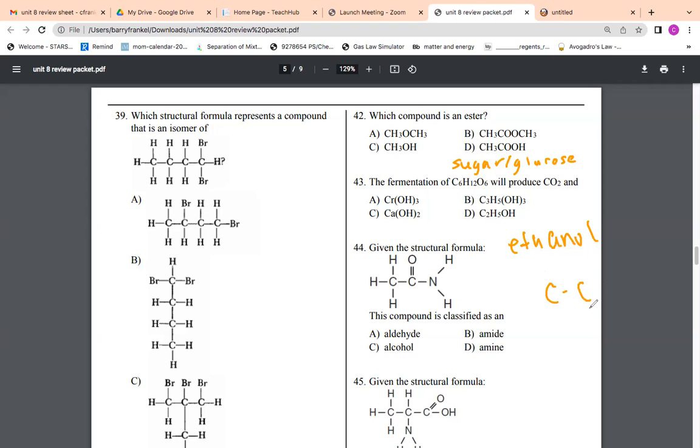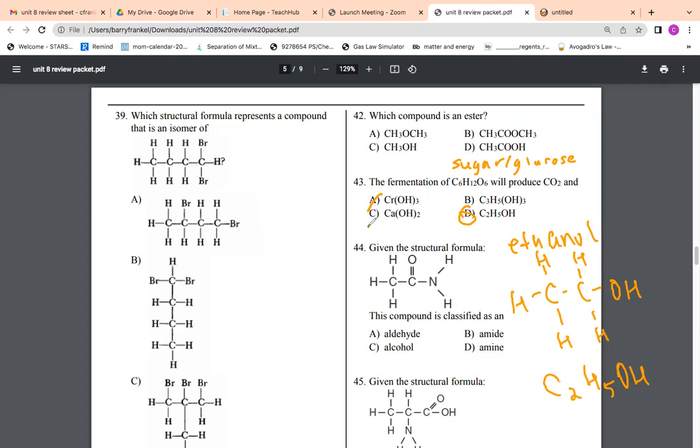It is 2 carbons. There's a hydroxyl group. There's only one possible location. It can only ever be on the first carbon. And then we will go ahead and fill everything else in with hydrogens. So this is C2, we've got 2 carbons. We've got 1, 2, 3, 4, 5 hydrogens. And then we have an OH group. We could just write that right at the end. And that matches up with choice D.